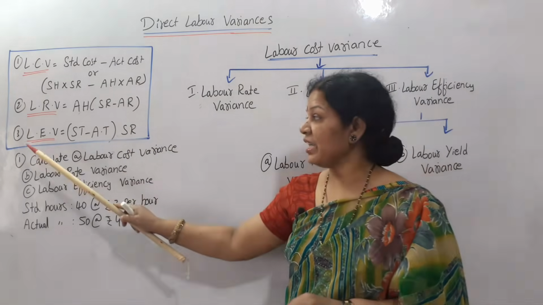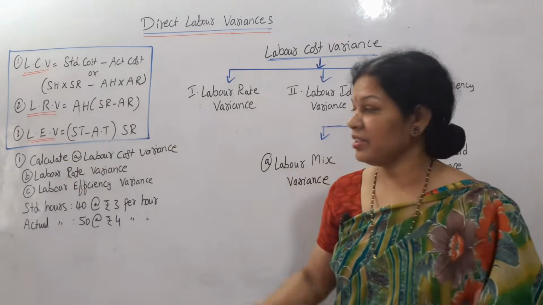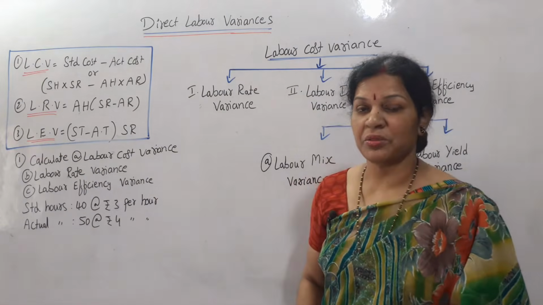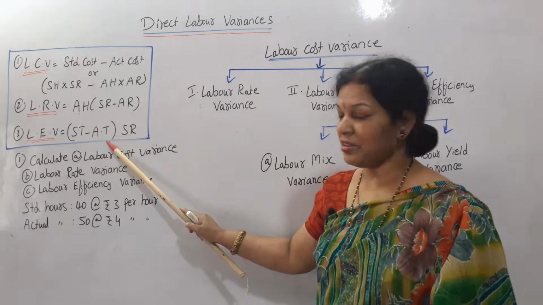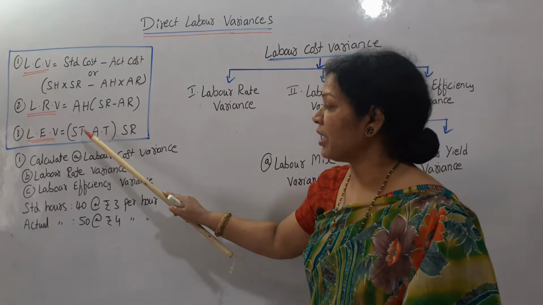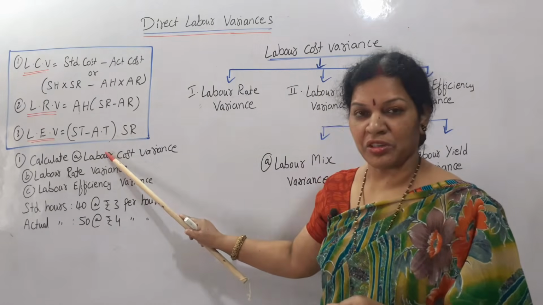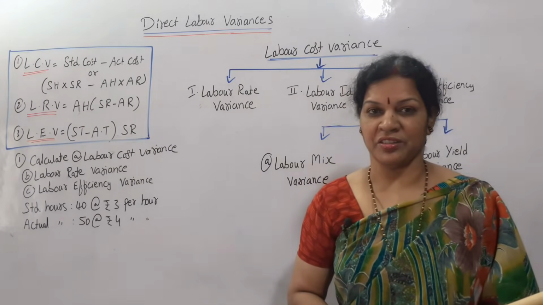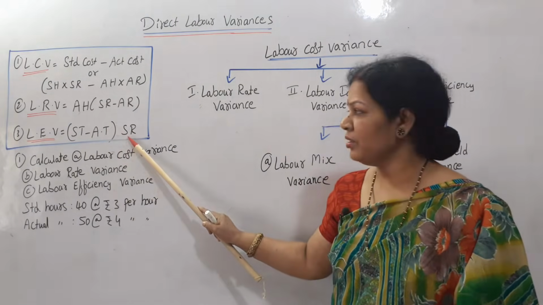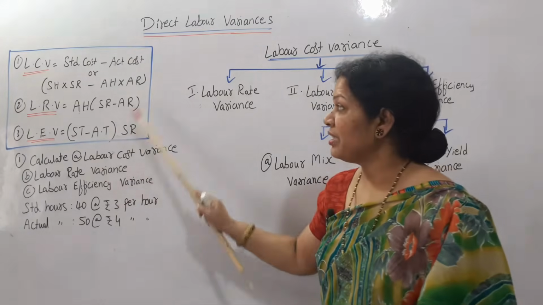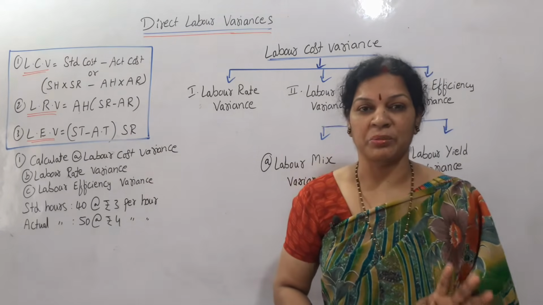Third one is labor efficiency variance, LEV. Formula is standard time minus actual time into standard rate. That's all. These three formulas you have to remember.